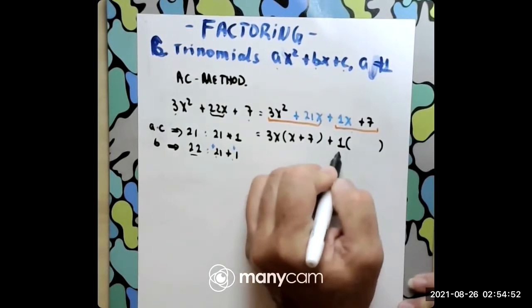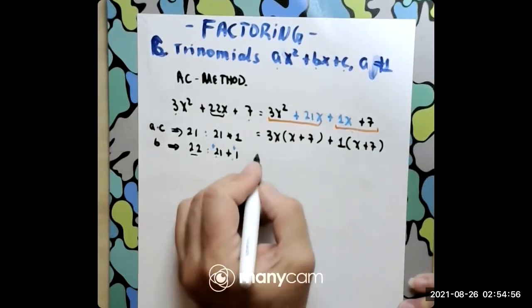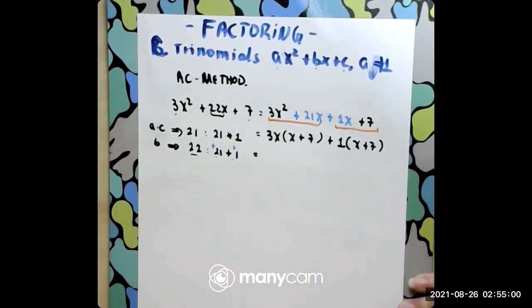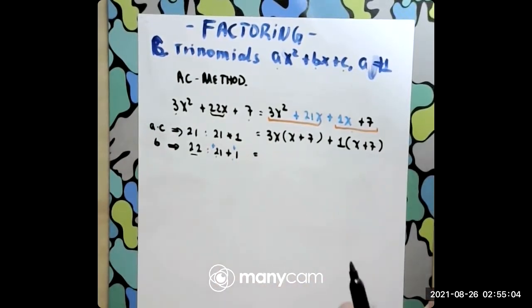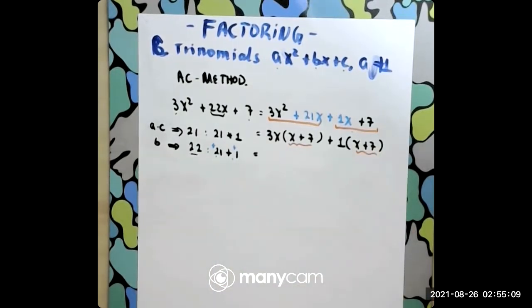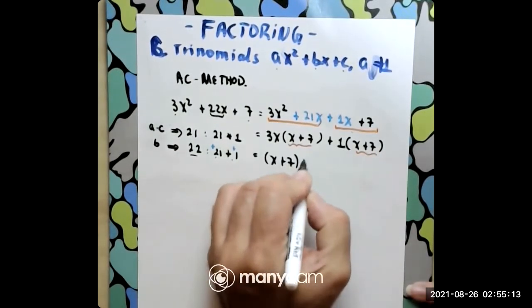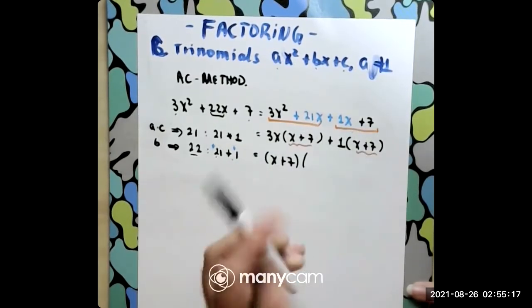So let me just put the 1 here, and then just simply say x plus 7. And if you remember the last example of part A, where I factored the whole binomial, we can apply the same concept here. Knowing that x plus 7 is common, let's go ahead and factor out x plus 7. So what do we leave behind? 3x plus 1.